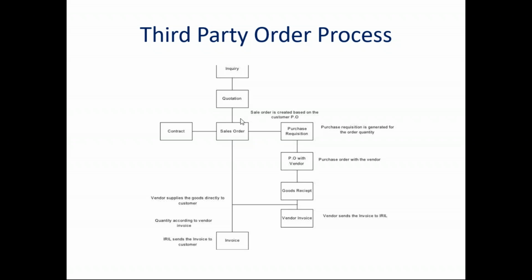But whenever you do not have the stock, whenever you are not able to deliver from your end, from the sales order you deviate the process. You direct the system to go in a different way. From the sales order, the system will create a purchase requisition, and with reference to the purchase requisition, the system will create the purchase order.